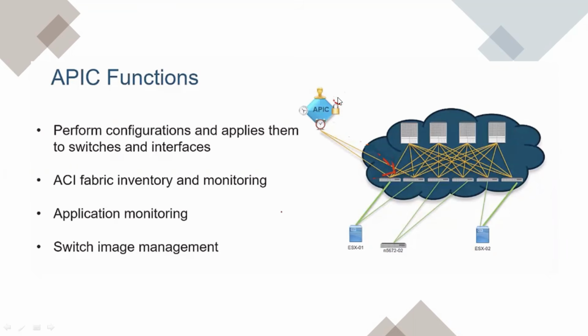So for the upgrade, you generally upgrade the APIC first and then upgrade your spine. If you have 4 spines, just upgrade spine 1 and the odd spines, meaning 1 and 3 in one go, 2 and 4 in the other go. Then the leaf switches.